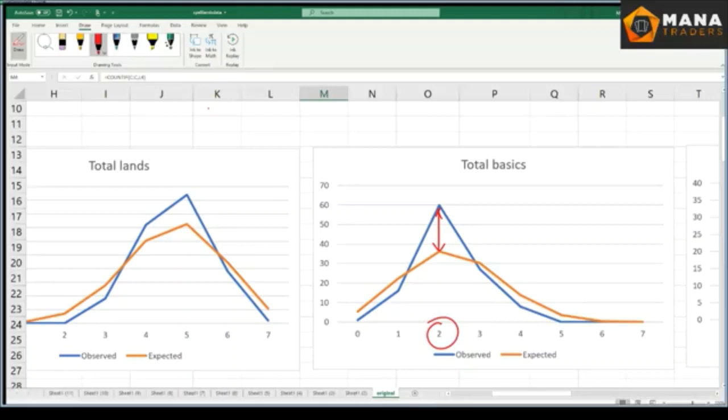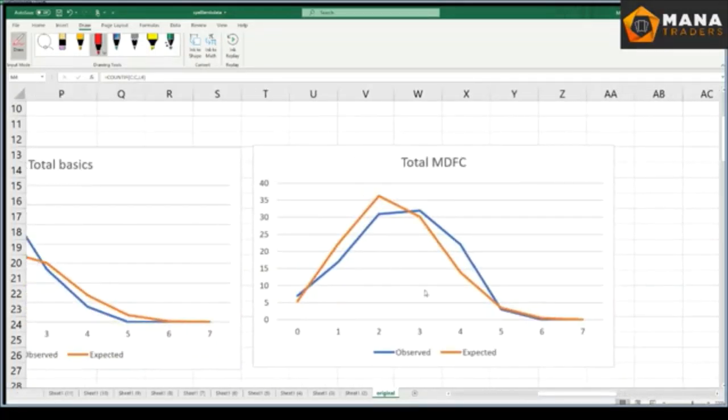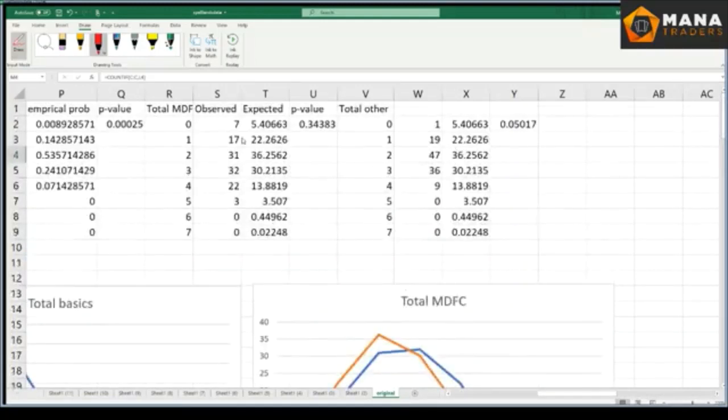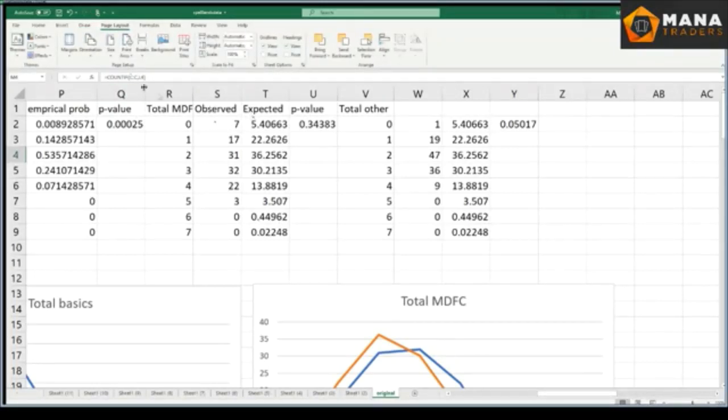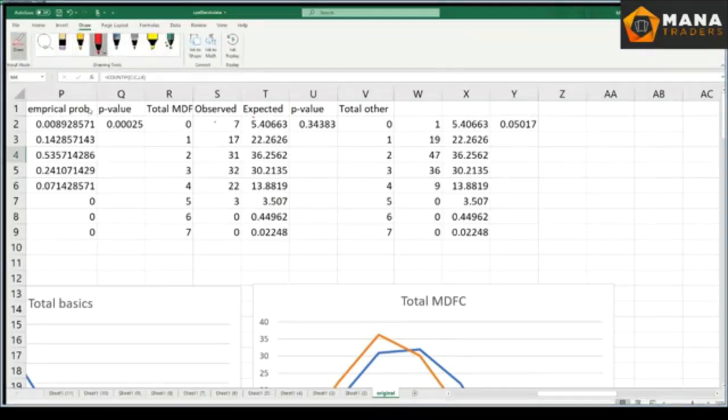Okay, and if you look at the distribution of the total modal double faced cards, what we observe and what we expect are very close. Let me stop drawing. This is the data for that, and as you can see, these numbers are quite close to each other, definitely closer than the other table.